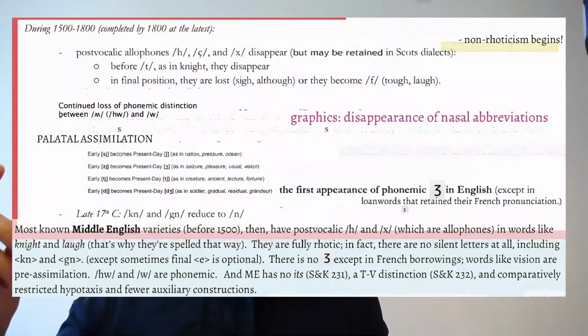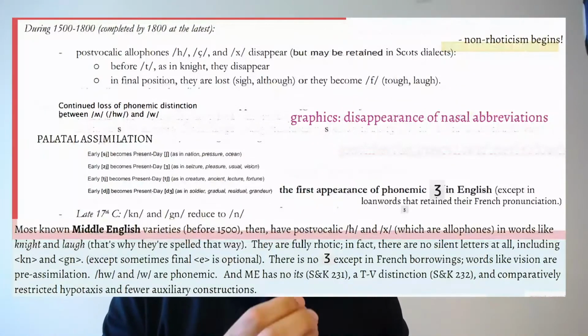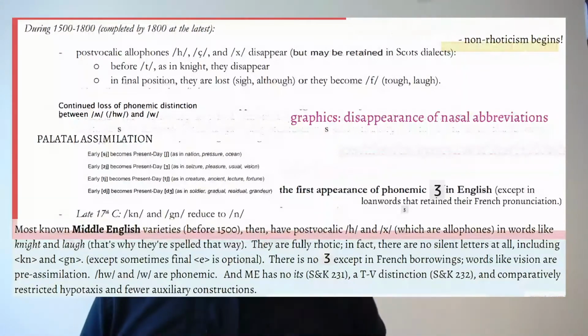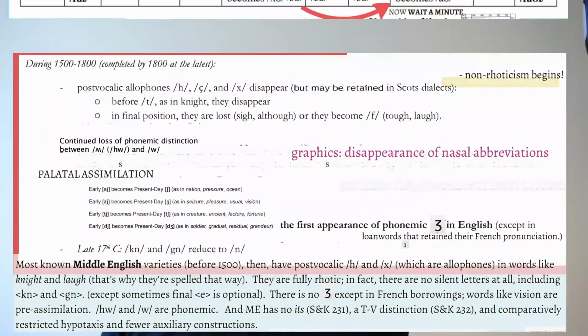We get the development of nation, seizure, creature, soldier. And indeed, in words like seizure, again, we get the sound zh as phonemic in English, except in French loanwords, for the first time. Again, just as a reminder, you can only understand what most of those symbols represent because you practiced your IPA way early on.